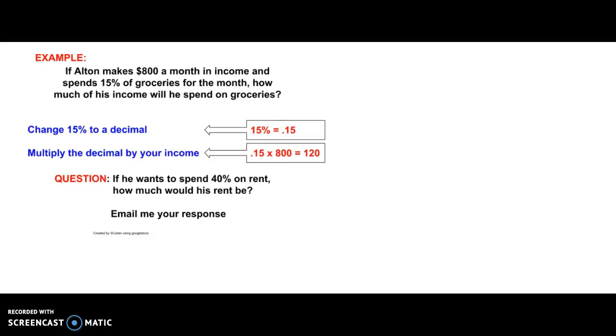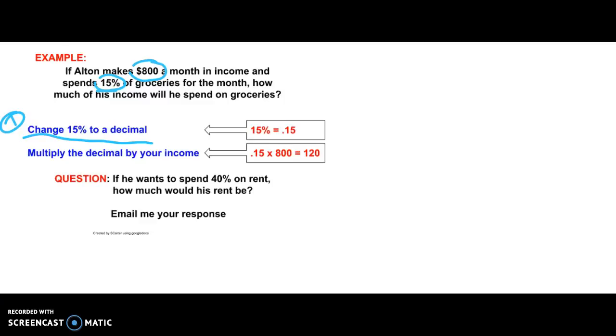Okay, so this is important. That's how much his income is. And this is important. We want to know how much is 15% of that income, because he's planning on spending that on groceries. Okay, so the first thing we need to do is to change the 15% to a decimal.